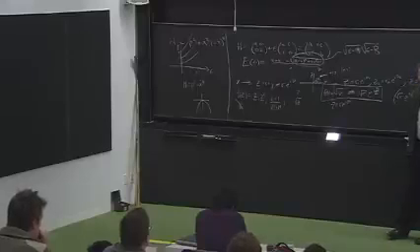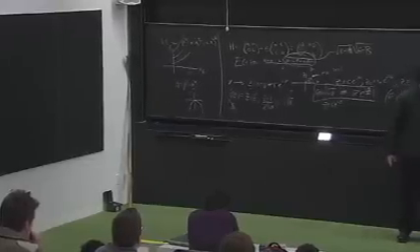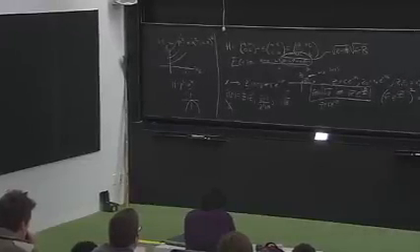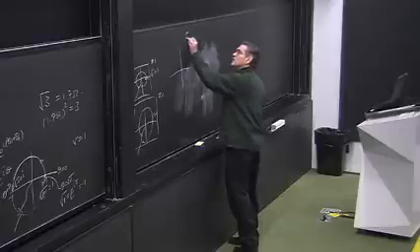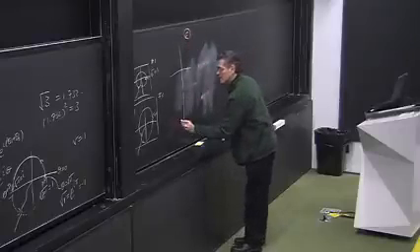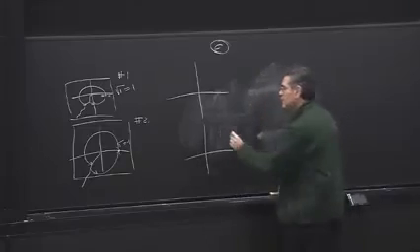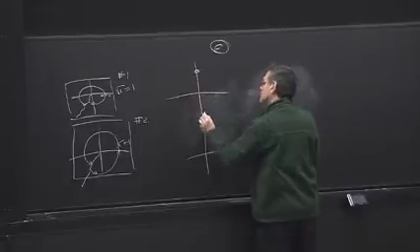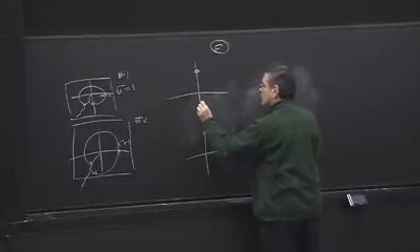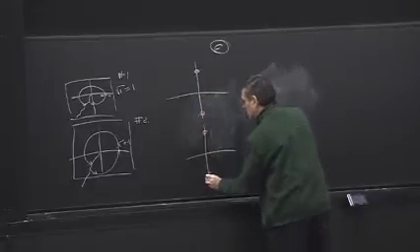Okay? Not just one square root function. So there are two branch cuts. So in the complex epsilon plane, there is a branch point here, and a branch point here, and here.